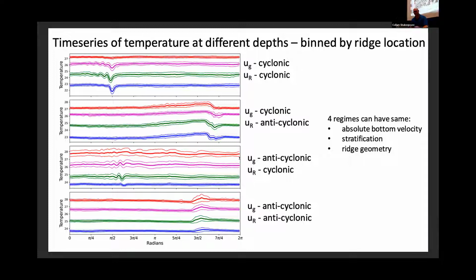Okay. So what does the surface temperature in these different cases look like? Well, they're also wildly different here in these 4 cases.